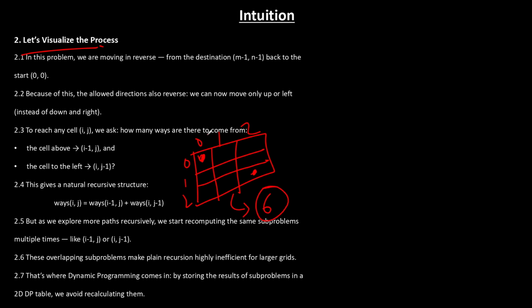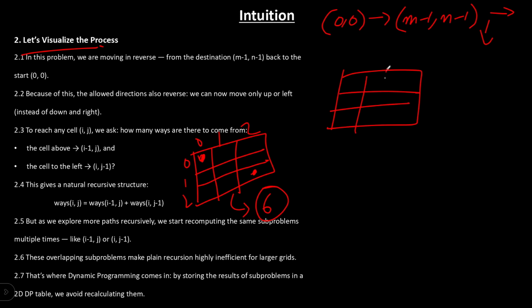Before building up the intuition, I want to clear something out here. Since we are given that we have to start from 0,0 and go till m minus 1, n minus 1, and for that we can go to the right and down. Let me draw this here. If you start from here, it will be starting from m minus 1, n minus 1 to 0,0.